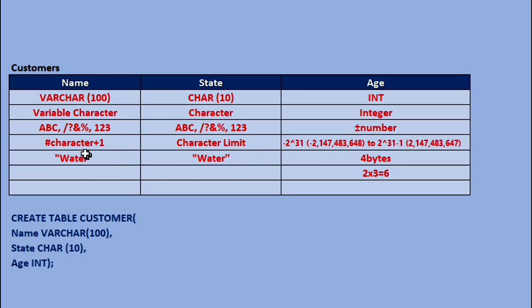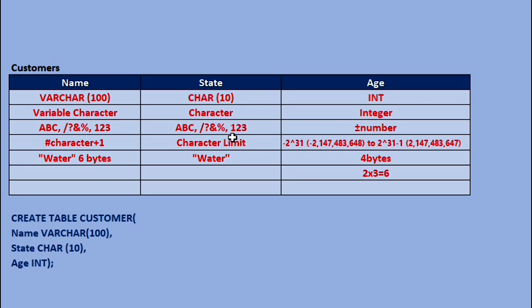In the varchar case, our water string that has 5 characters will use 5 plus 1, 6 bytes in the memory. Therefore, here we have saved 94 bytes, 100 minus 6. If we take the same string under the char data type, remember char is fixed length.